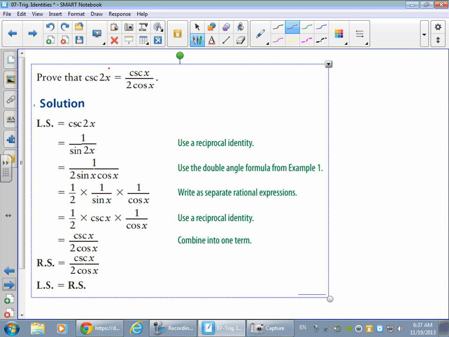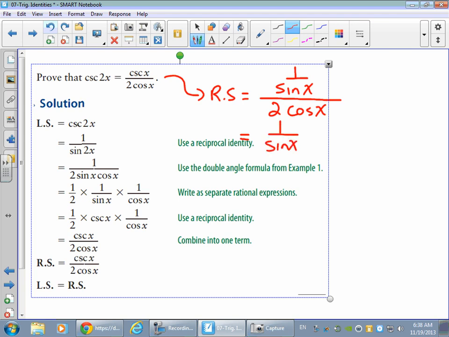Now, cosecants come into play. Again, I don't really like those, so we want to work with either the left side or the right side. Left side here, right side here. If we work with the right side, let's just see what happens. To me, it's not clear which one of these two might be the easier. And so cosecant is 1 over sine, 2 over cos x down here. Now, with these, you want to treat this like a fraction divided by another value. This is something that you'll start to do a fair bit.